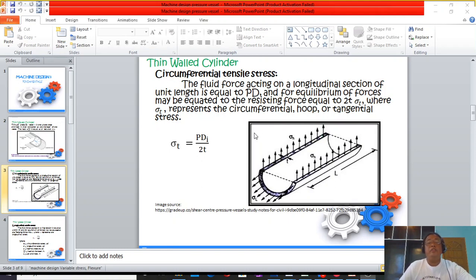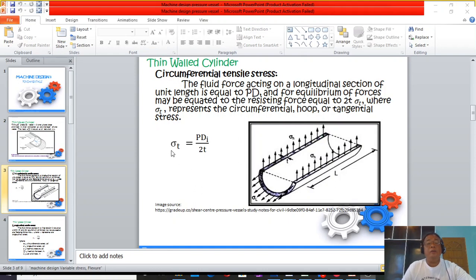So the tension, class, at one end and at the other end will be equated to the force created by the pressure. So this, class, is the derived equation: sigma t, of course the tensile stress, equals P, the pressure, and DI, the inside diameter, over 2t.